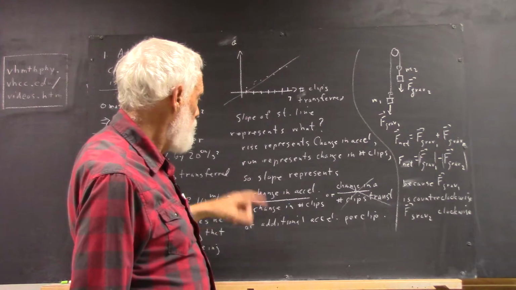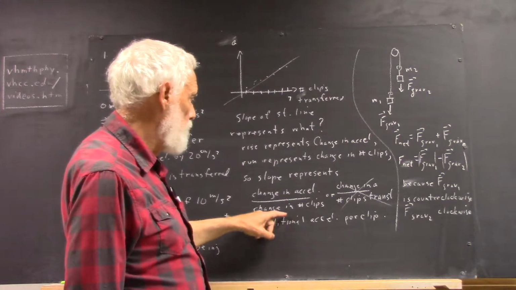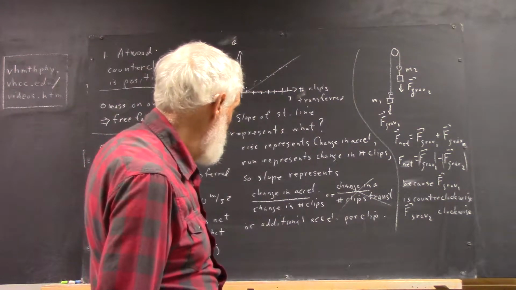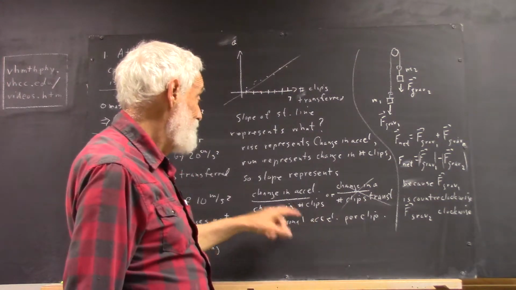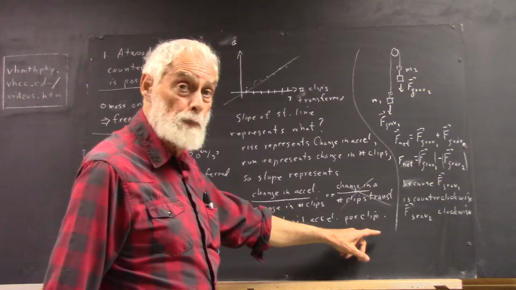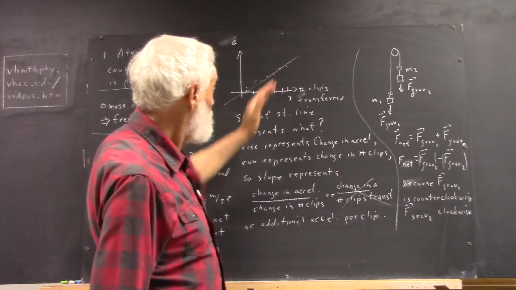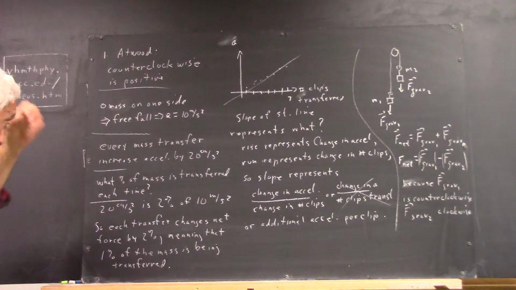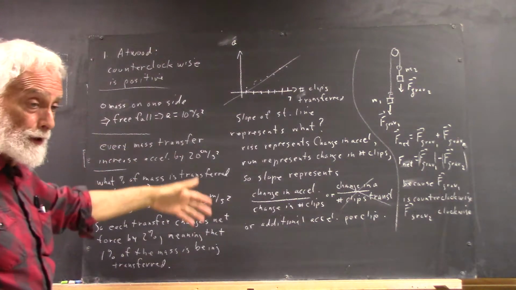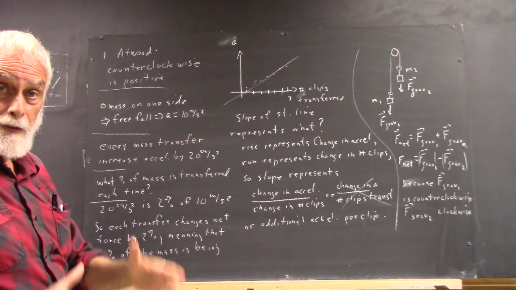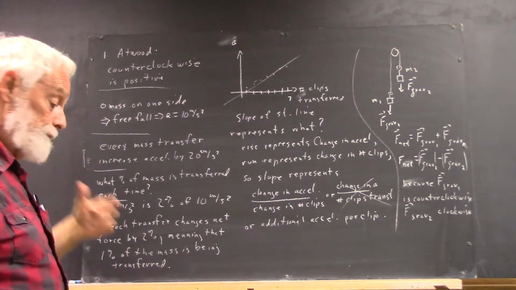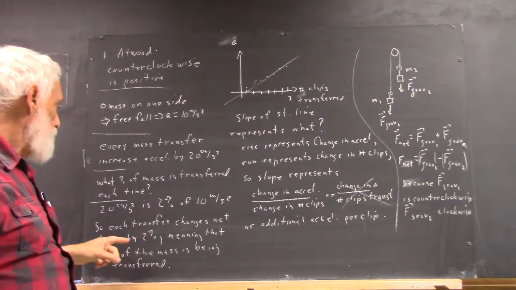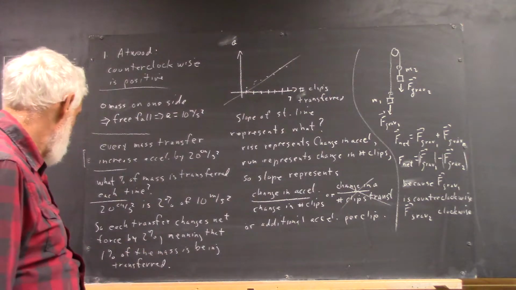So the slope represents a change in acceleration over the change in the number of clips that have been transferred. And that's the additional acceleration you get per clip. So from your data, you could figure out the number, analogous to 20 centimeters per second squared, and you could then reason out from the known mass you had suspended, you could figure out the approximate mass of a clip.